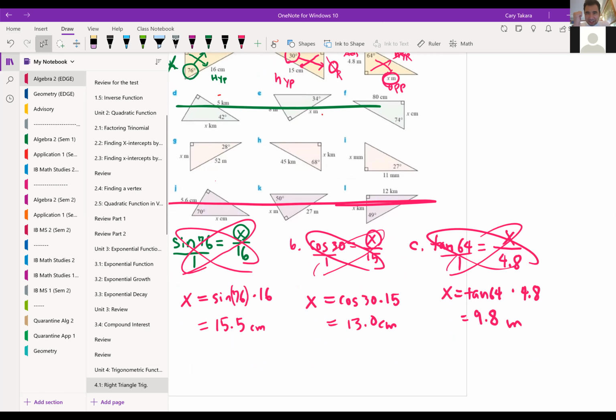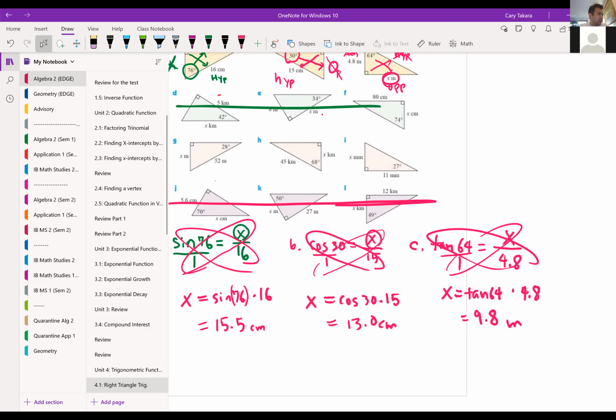Why are all the x's on the top? We need to do the problem that has x in the denominator. G, H, I, why are they all in the numerator? Have you already done G, H, and I?